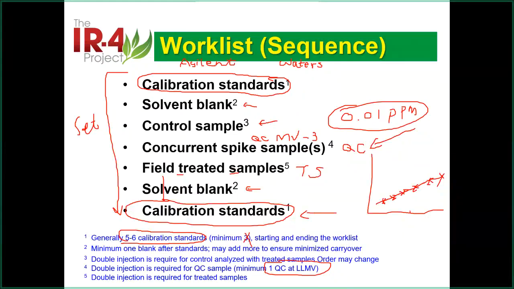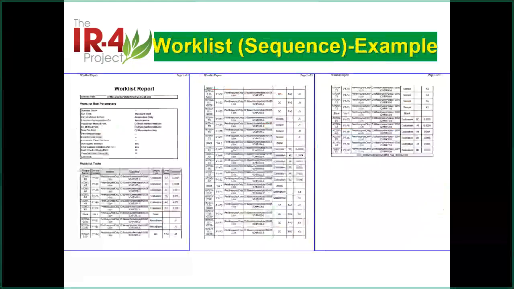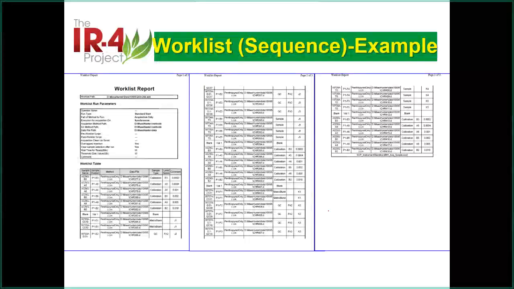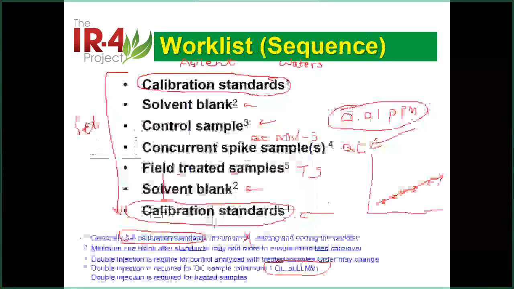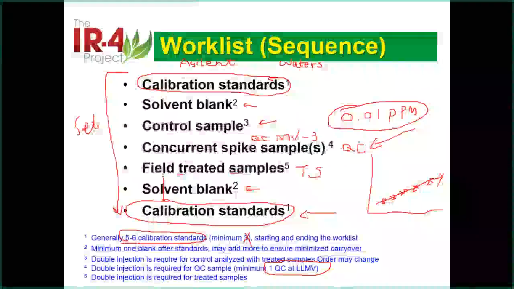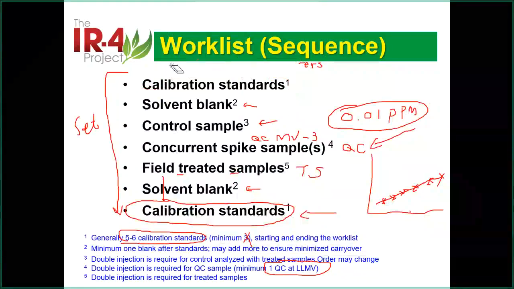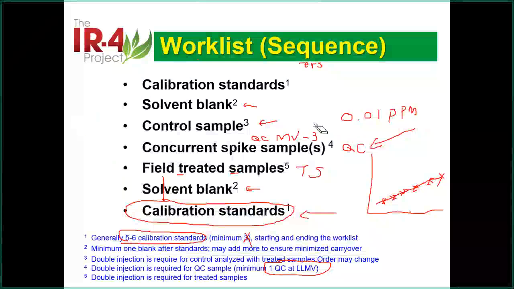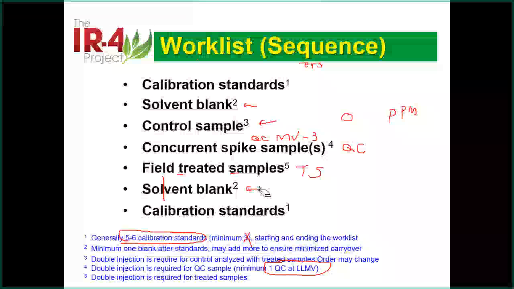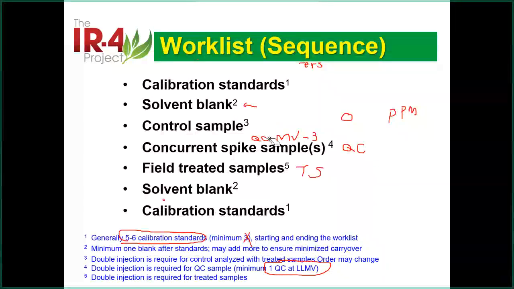Okay. The next slide is the real work list we work on. Oh, I do have a question here. In the work list for injection, I don't see an untreated sample. Let me erase this because it's getting too complicated. The untreated sample, in EPA terms, is called control.